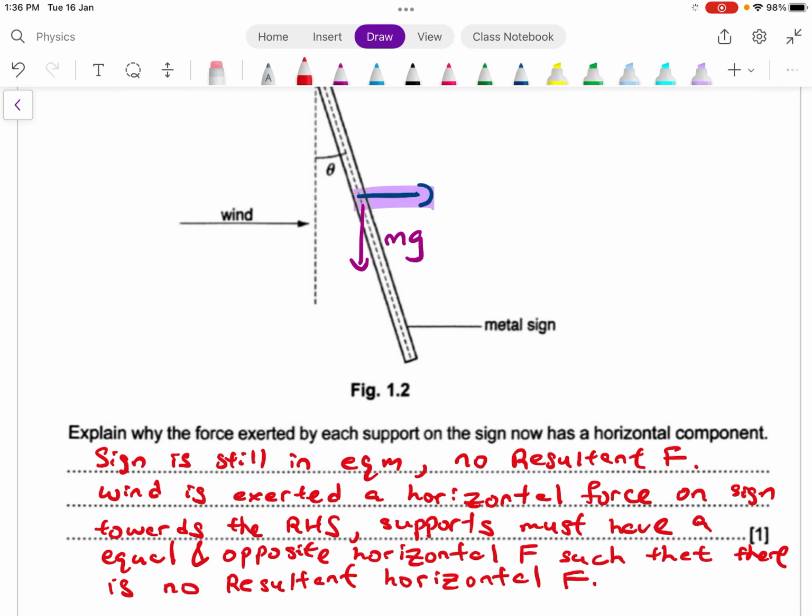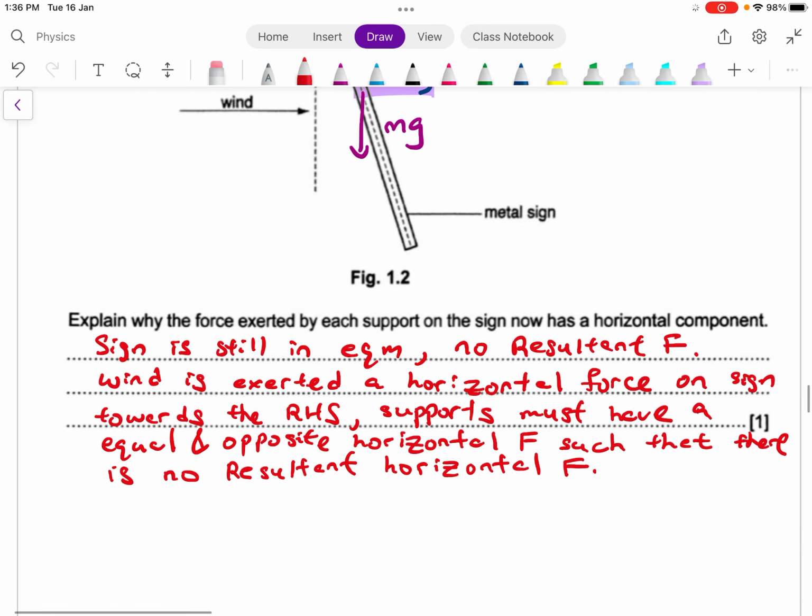Alright, so that is how you actually write down this qualitative question.